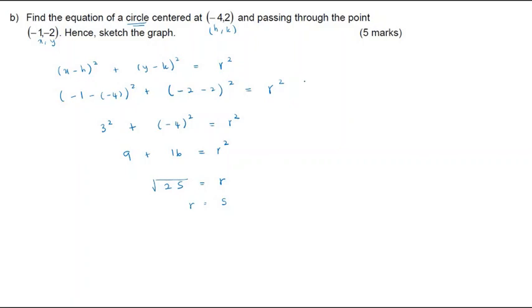From here we know the radius, but since the question asks for the equation, we must give the equation. (x minus h) square plus (y minus k) square equal r square. So now we know (h, k) is (-4, 2) and r is 5.